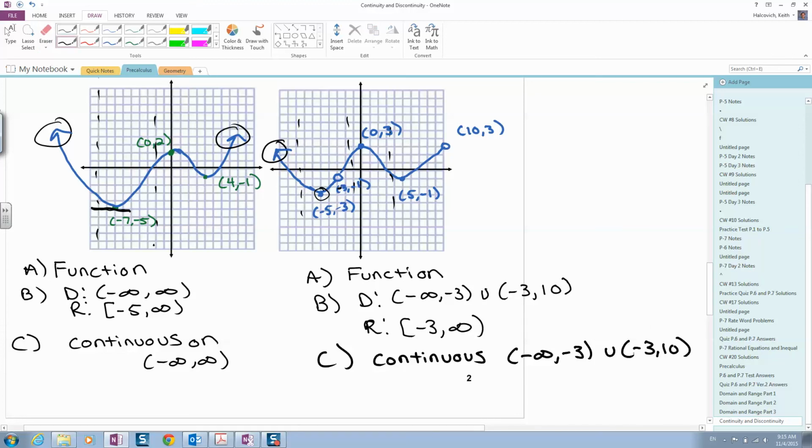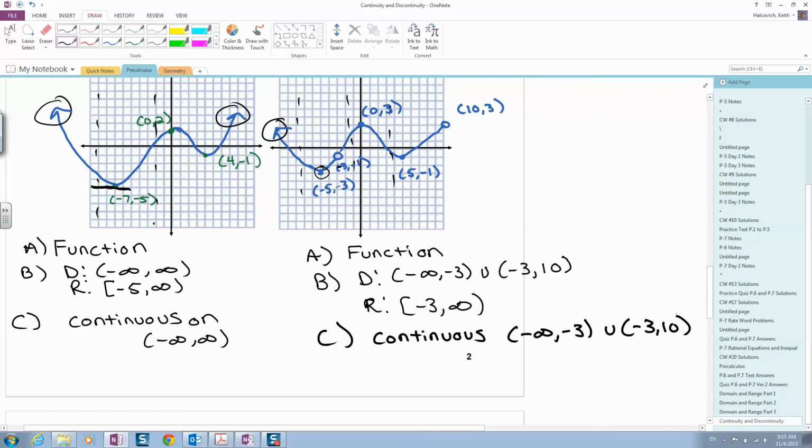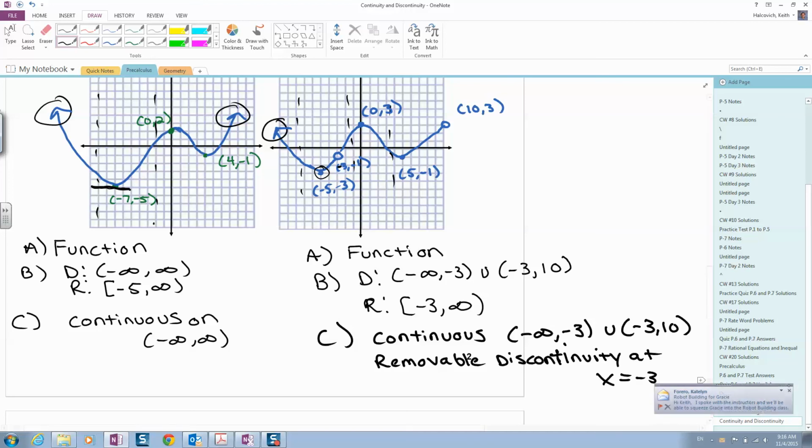And that's it. Then the types of discontinuity. Well, notice there's an open circle there, so there's a removable discontinuity at x equals -3.